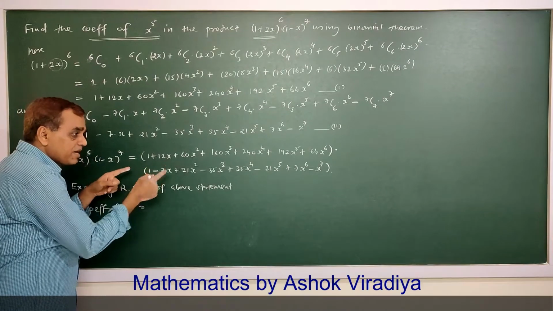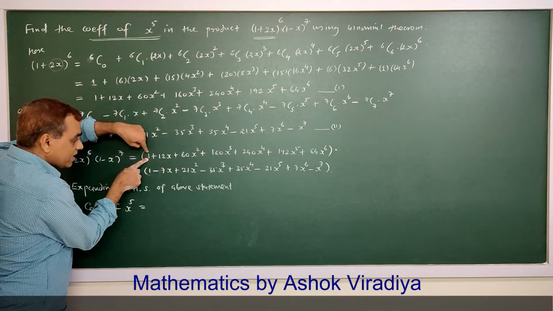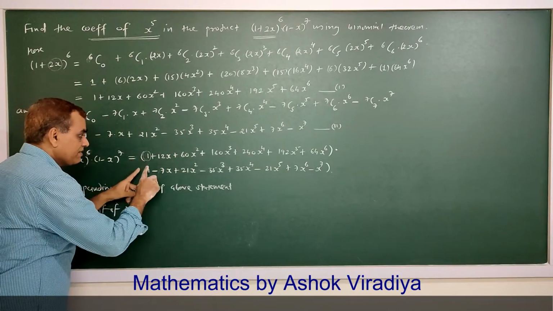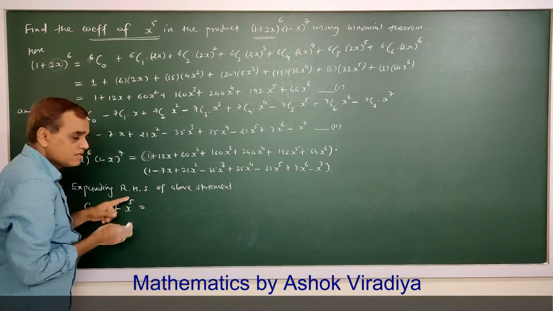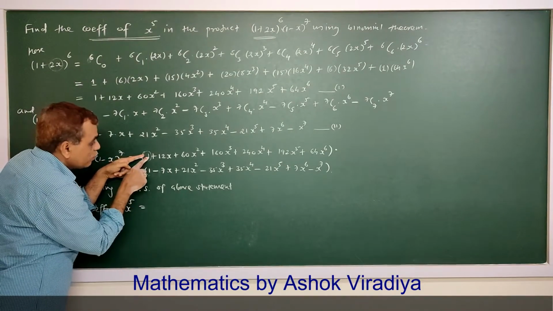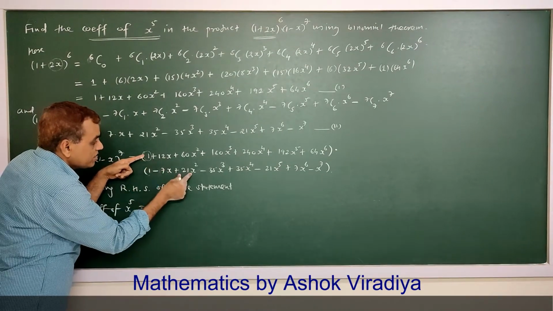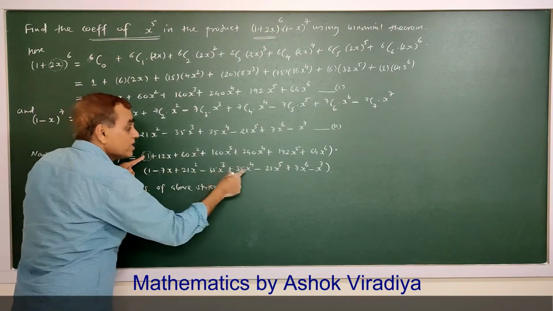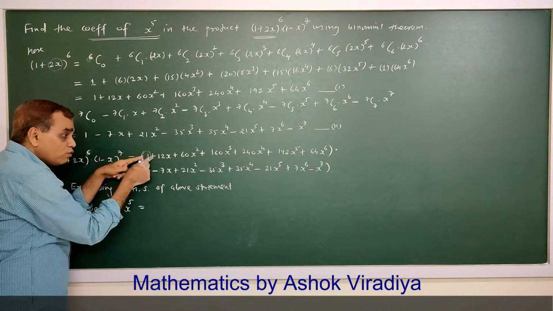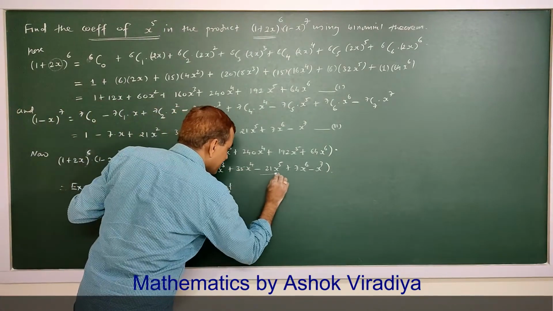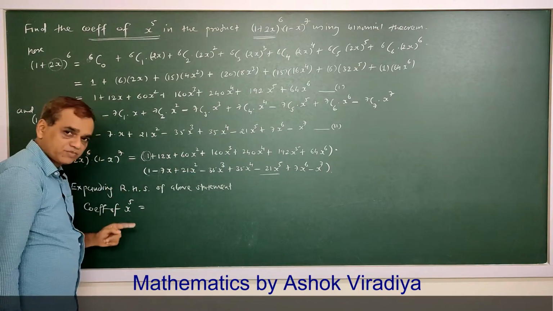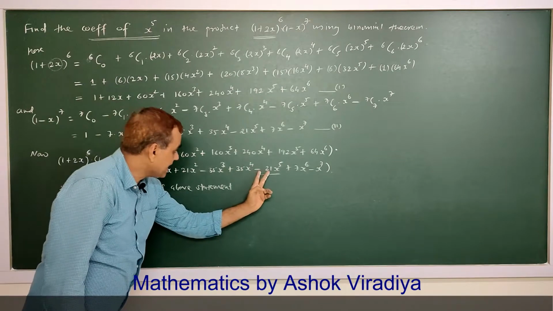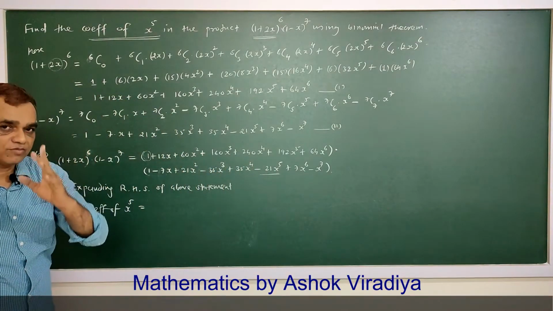When we multiply these brackets, what do we do? We multiply the first term of the first bracket, 1, with all these numbers. 1 into this number, 1 into this number gives x square, 1 into this number contains x cube. And when you multiply 1 with minus 21x raised to 5, this product gives minus 21x raised to 5.